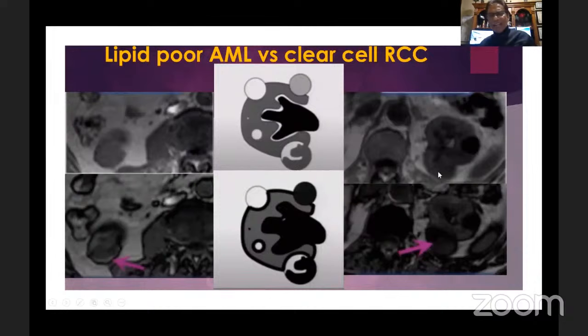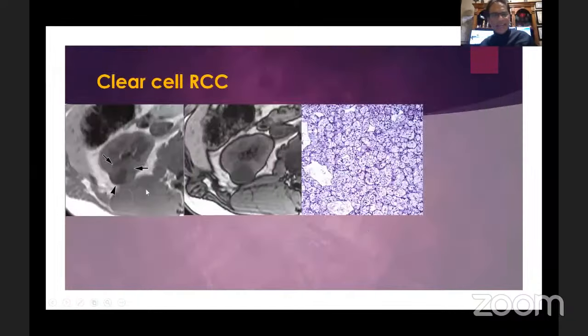Whereas in renal cell carcinoma, they usually follow the parenchymal intensity on in phase, and on out of phase, due to intracytoplasmic fat, that is microscopic fat, is going to show uniform drop in signal, which is very characteristic of clear cell renal cell carcinoma.